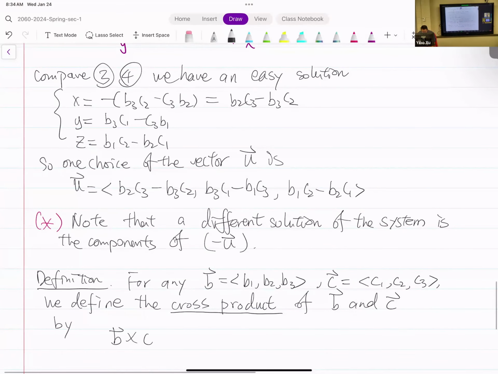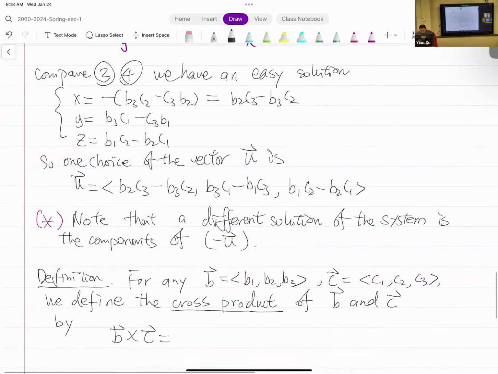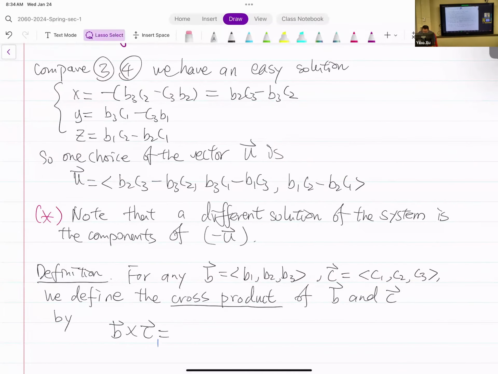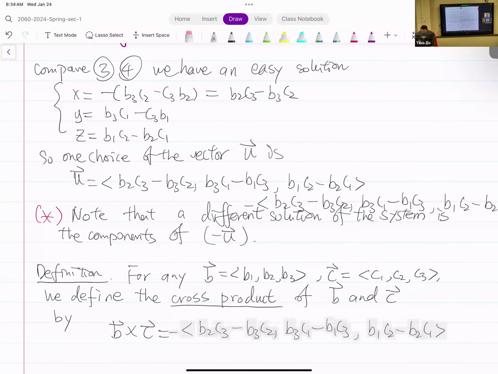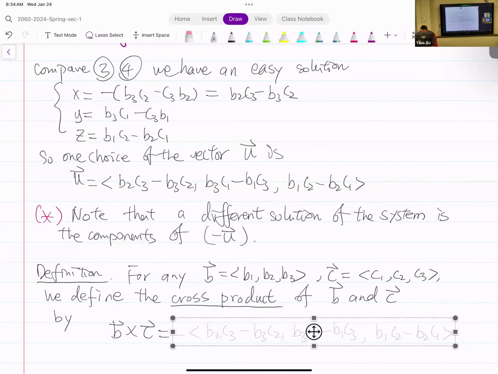Okay, B cross C is, so we choose this solution to be the cross product. Basically, this is just deciding one direction. Okay, we showed one.